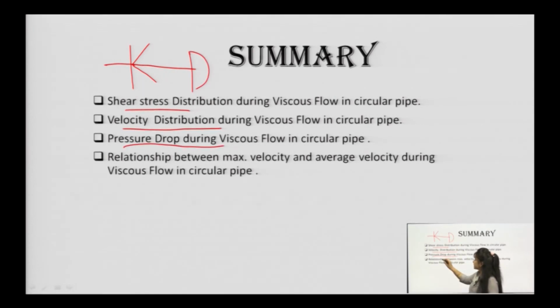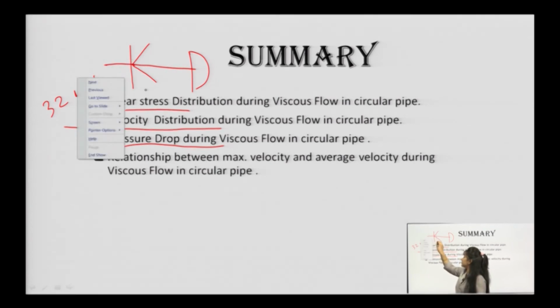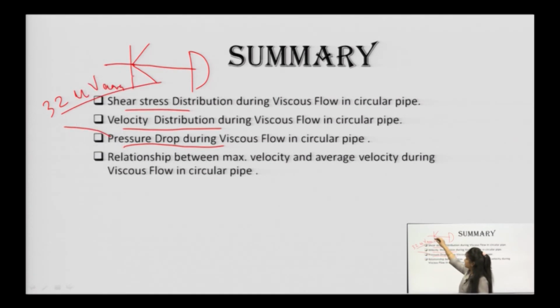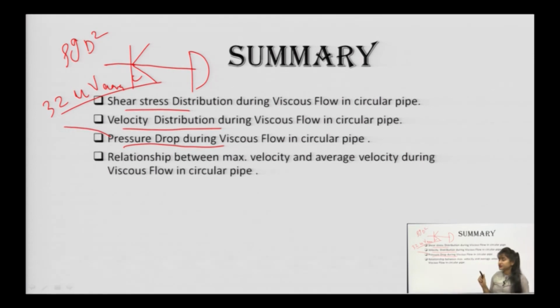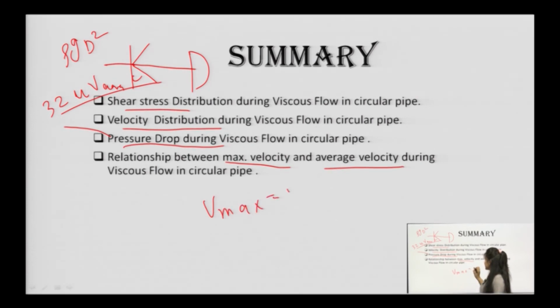The pressure drop is in terms of 32 mu V average L upon rho g d square. And the fourth one we have studied is the relationship between the maximum velocity and the average velocity, which is V max equals 2 times V average.